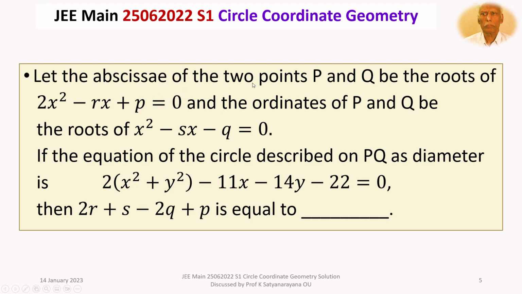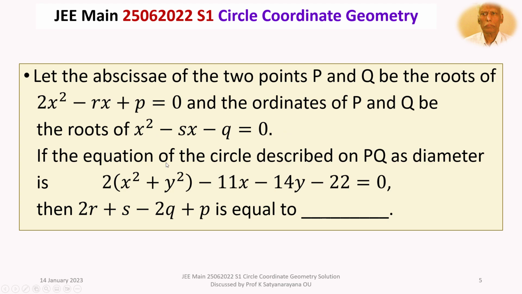So we are given 2 points P and Q, and the abscissae of these 2 points are the roots of this quadratic equation 2x square minus rx plus p is equal to 0, and the ordinates of these 2 points are the roots of the quadratic equation x square minus sx minus q is equal to 0.